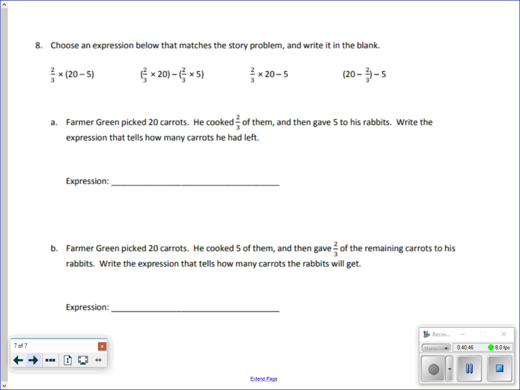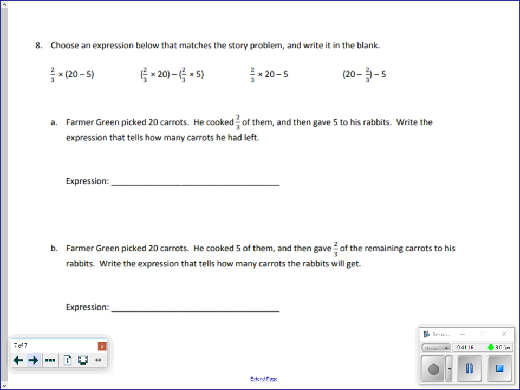Choose an expression below that matches the story problem and write it on the blank. Farmer Green picked 20 carrots. He cooked 2/3 of them and gave 5 to his rabbits. Which one of those expressions would go with this problem?